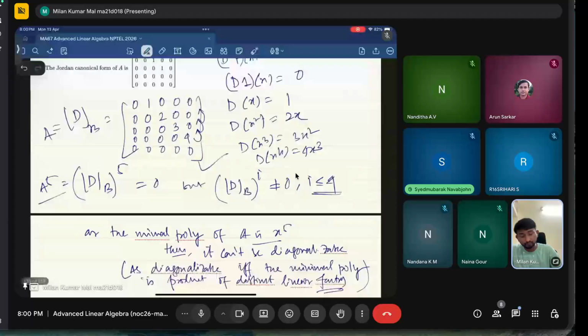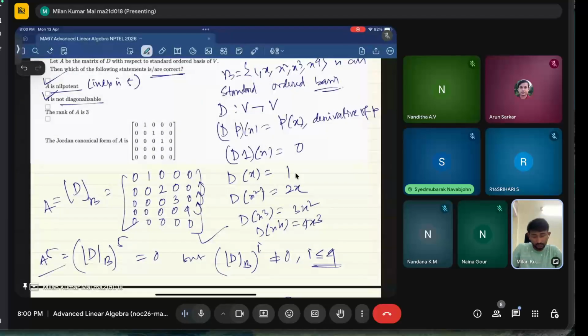I have to find the correct options. A is nilpotent, that is true. A is not diagonalizable, that is true. Rank of A is 3 is not true, because the rank of A is 4.